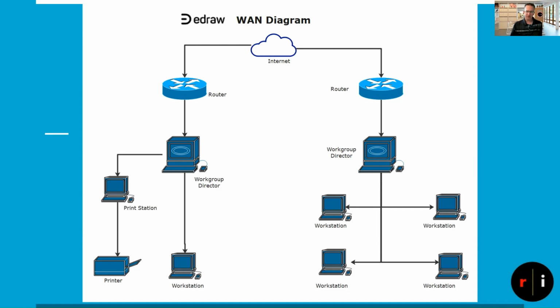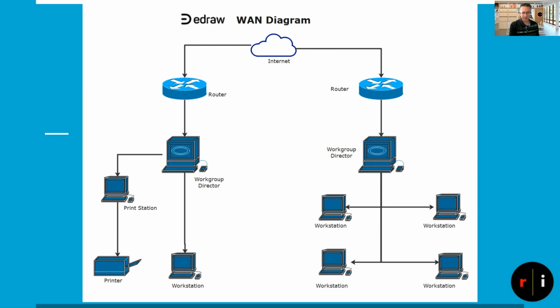Wireless network connections can be used with a variety of devices communicating in different ways. Disadvantages of a WAN are that the initial setup cost can be very high. It's difficult to maintain a WAN, so you're going to need skilled techs and administrators to keep that up and running and troubleshoot issues.